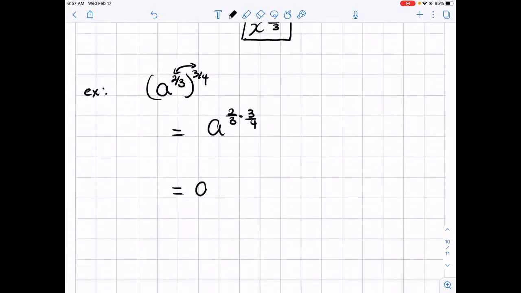So we have a to the 2 times 3 is 6, over 3 times 4 is 12, and we can simplify this. 6/12 is the same as a to the 1/2 power.